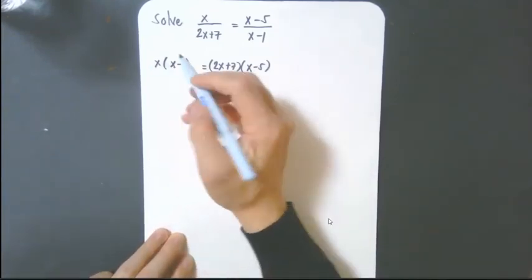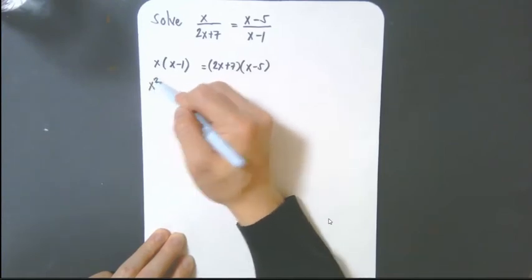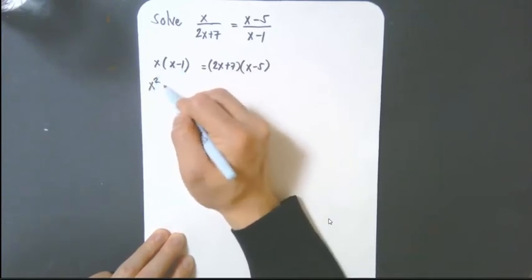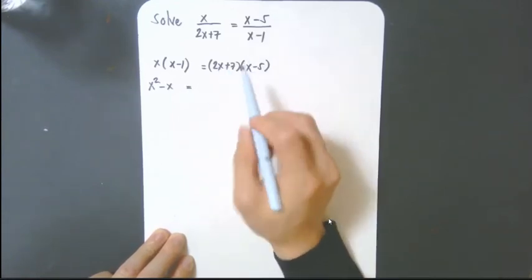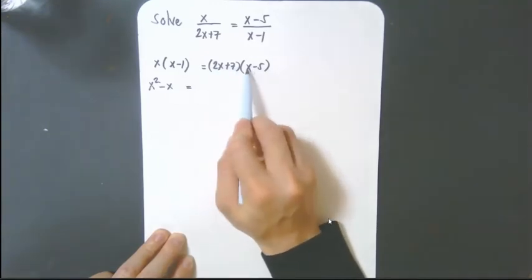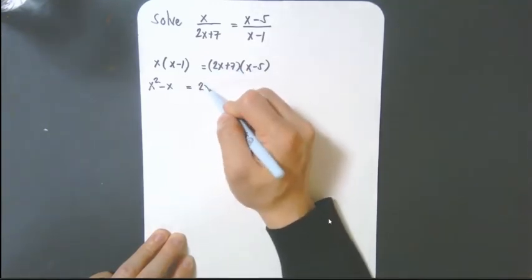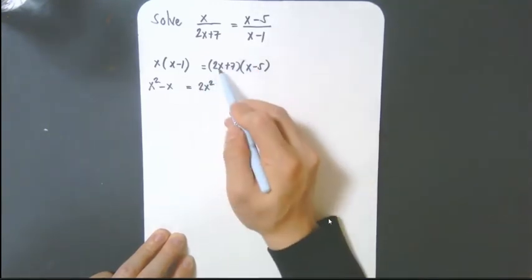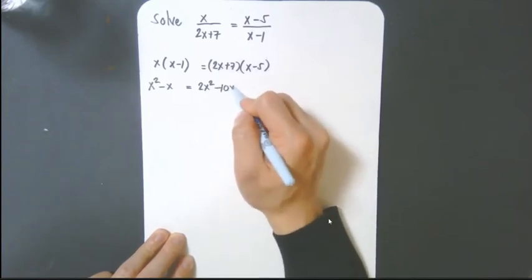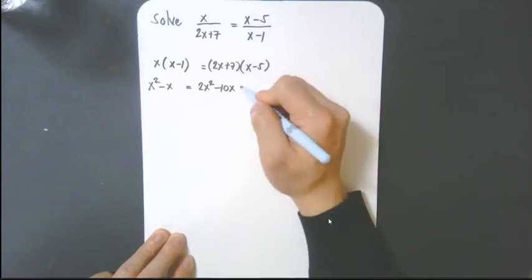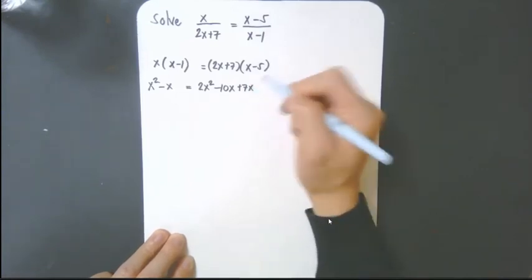So x times x, that is x squared. X times negative 1, that is negative x. That's equal to, here, distributive property, 2x times x, so that is 2x squared. 2x times negative 5, that's negative 10x. 7 times x, that's positive 7x.